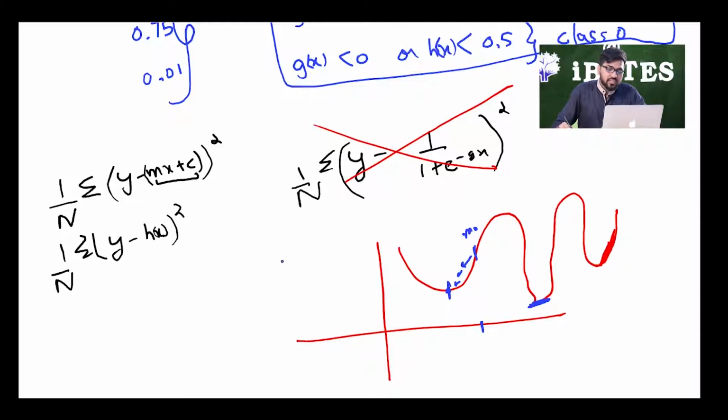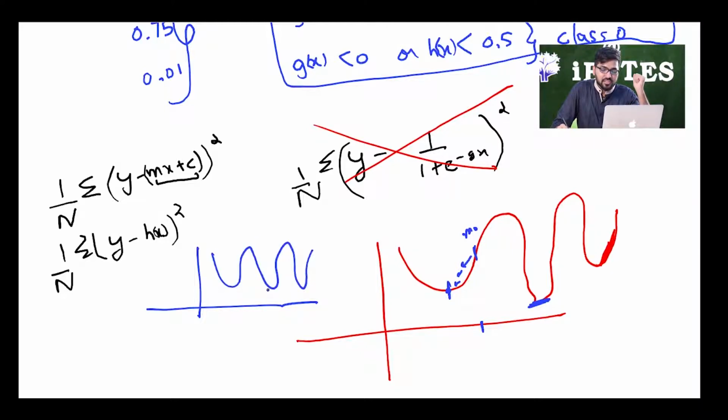So we are going to consider only those functions which have only one local minima. We won't take any function like this which has more than one local minima. So we want a function something similar to this.